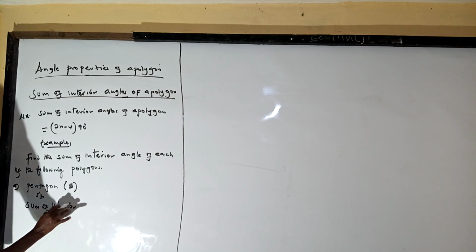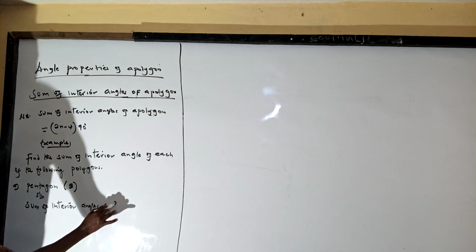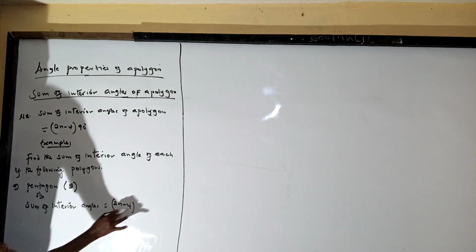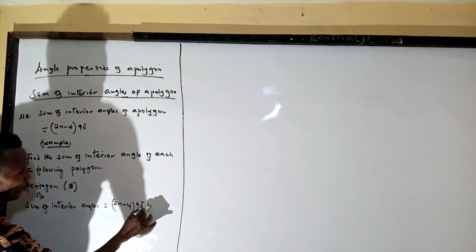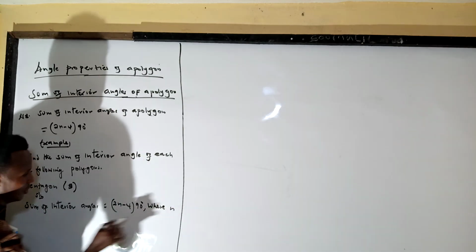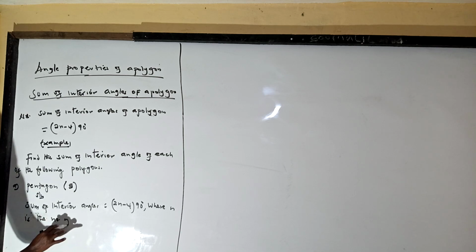Sum of interior angles is equal to (2n minus 4) times 90, where n is the number of sides.